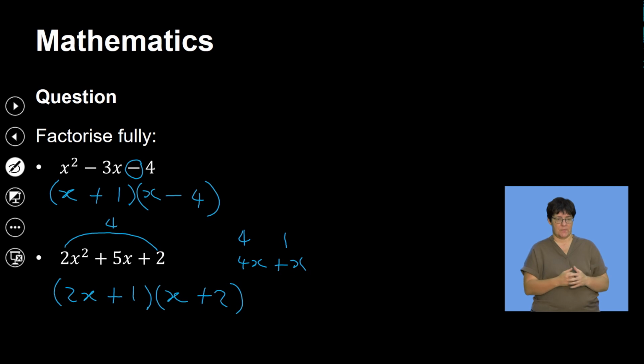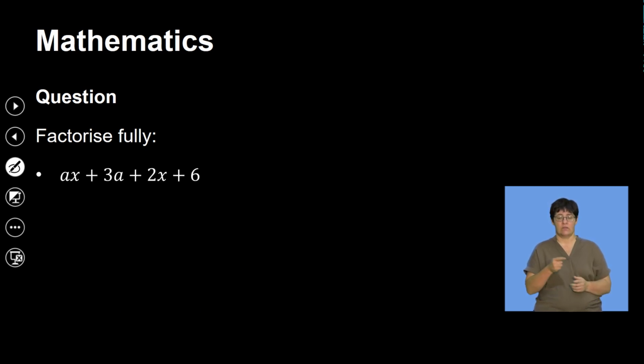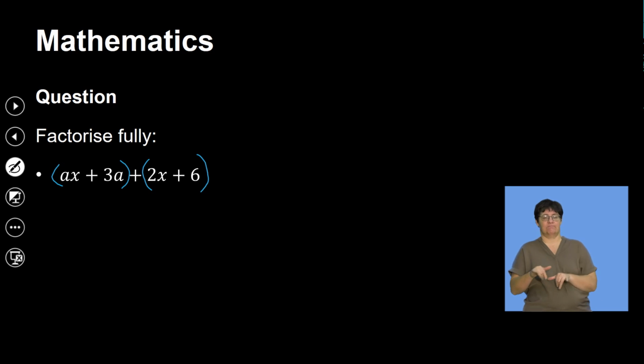Now, factorize fully, this is in the form of grouping. If I group this, already they are kind of grouped for you. You just need to make sure that in each of the two binomials you can take out a common factor, and then they will give you the same common factor so that you can take out another common factor.